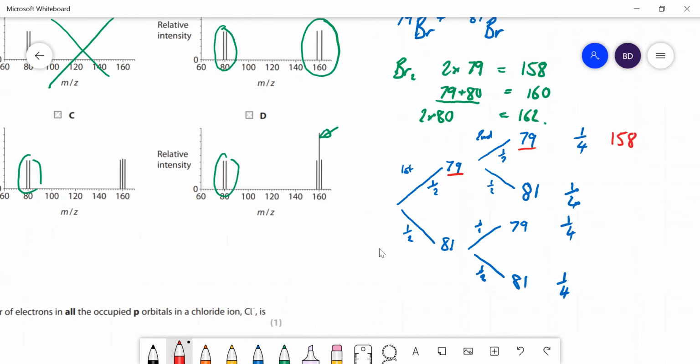So there's a quarter chance of a 158 peak. If you do 79 followed by 81, the m/z is 160. And of course, you do 81 first and then 79, that's also 160. And then this one is going to be 81 and 81, which is 162. So you can see that these two, a quarter plus a quarter, make a half. So that is twice as likely as that one or that one. So the correct answer is D.